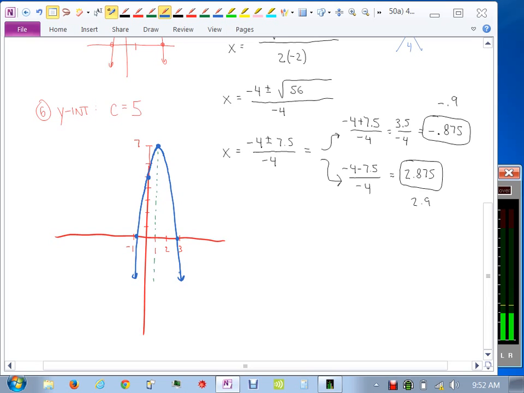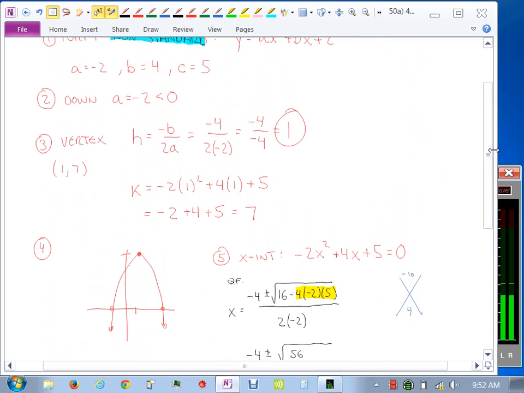Just keep in mind that on those you might run into some issues with the numbers being a little messier. Like on this one, our vertex came out with H being 1. Well, on other problems that might turn out to be something different, like on part 5C, that number is going to be nasty because it's negative b over 2 times a, so you get negative 9 over 8.